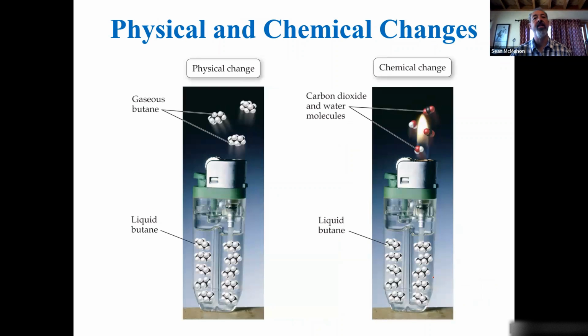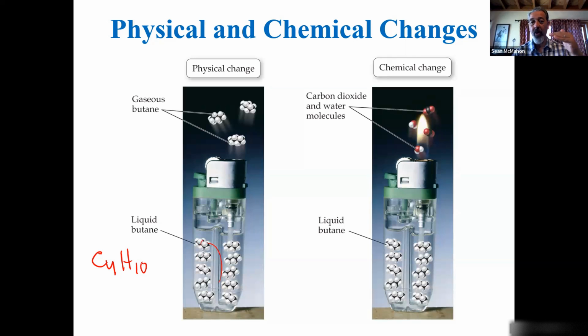I like using this example. I know it's kind of goofy, but here's an old school lighter. You have your butane in the lighter. C4H10 is butane. And it's under pressure. That's why it's a liquid state, but it easily vaporizes. Why does it easily vaporize? It's volatile, right?